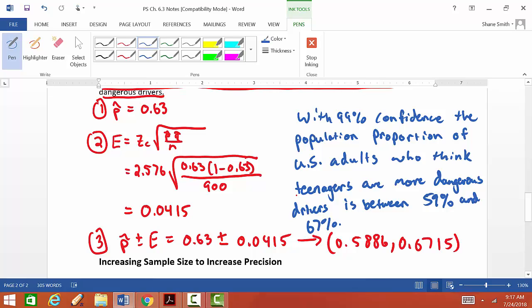Okay. And that's it for finding a confidence interval for the population proportion.